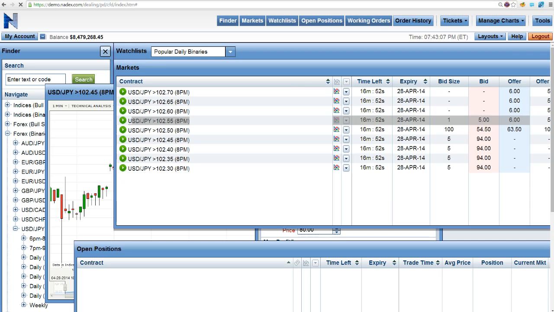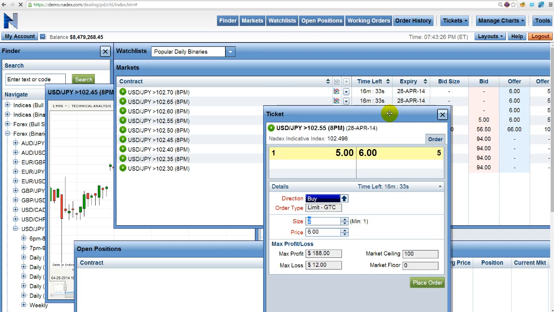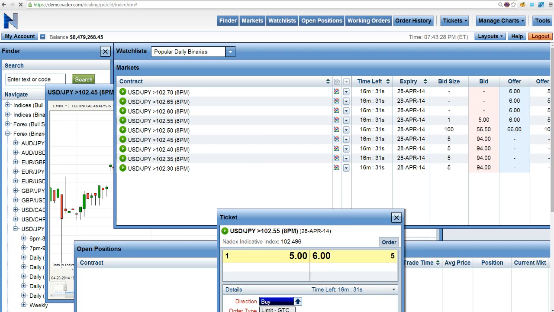It's both. Every contract is in the money and out of the money, depending upon whether or not you're a buyer or seller. So, if you're a buyer, then let's look at the indicative. Well, the indicative is 102.49.